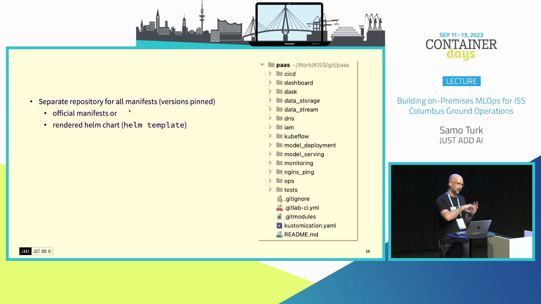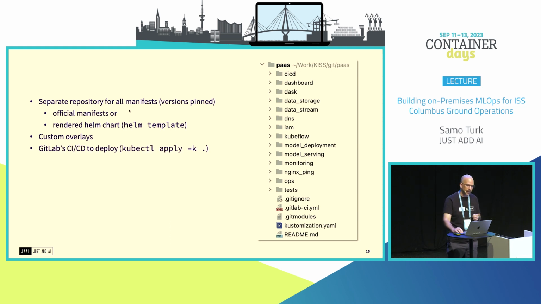So we just do helm template, and the output goes into this repo. Then to adjust this to our use case, we're using custom overlays with Kustomize, as mentioned, and in the end we deploy everything to the clusters with GitLab CI/CD. Very simple, kubectl apply -k. We're in the process of moving to Argo CD, but not there yet.